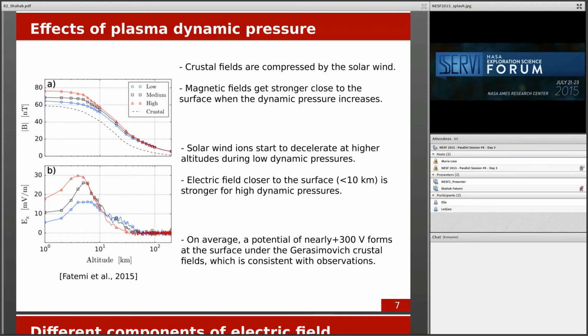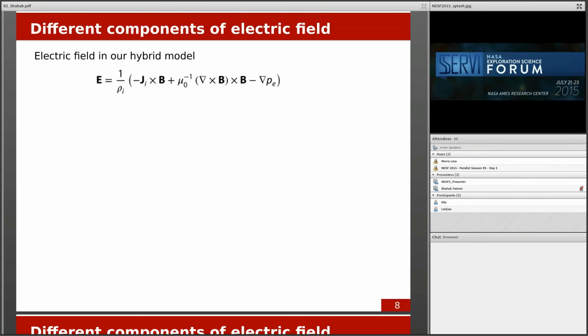Our simulations show that the solar wind protons during low dynamic pressure are mostly deflected around crustal fields, while during high dynamic pressures, if the dynamic pressure does not push all the crustal fields down to the surface, they reflect the ions back to space. On average, a potential of nearly 300 volt forms at the surface under the Gerasimovich crustal field, which is, again, consistent with observations.